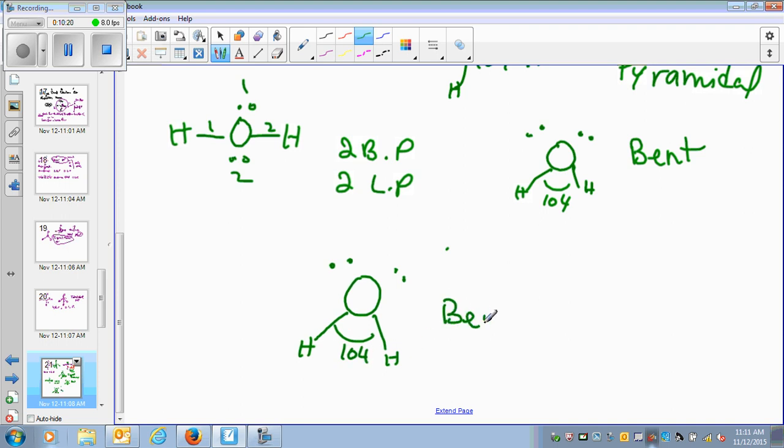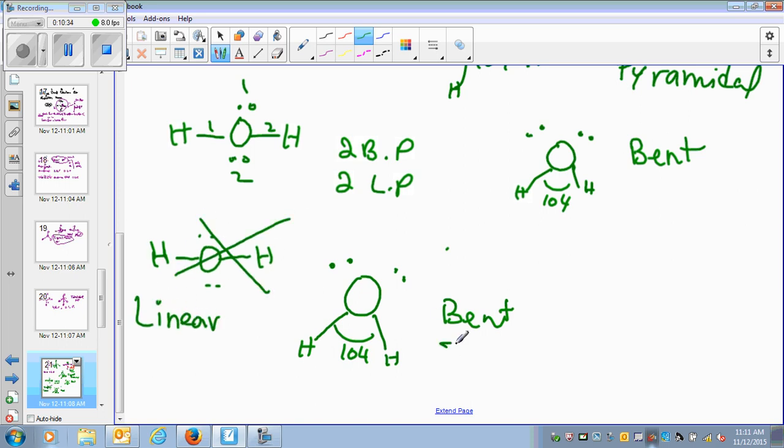So water is bent, water is not linear. If you draw water like this, it is a wrong answer. This is telling me water is linear, it has a 180 angle, so this is wrong. Water is bent and it has the angle of 104 degrees. So this is what you need to learn about the lone pairs and bond pairs.